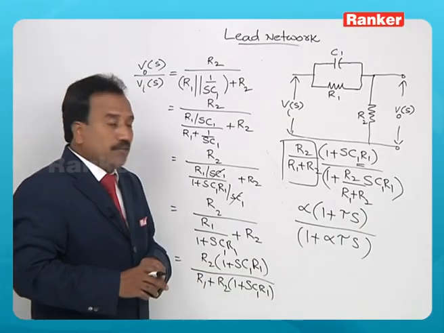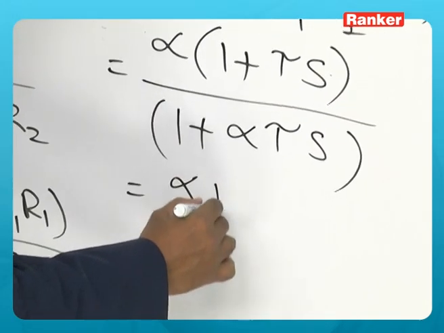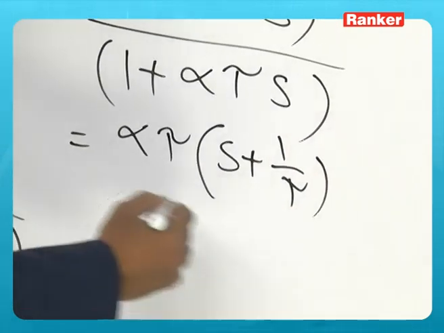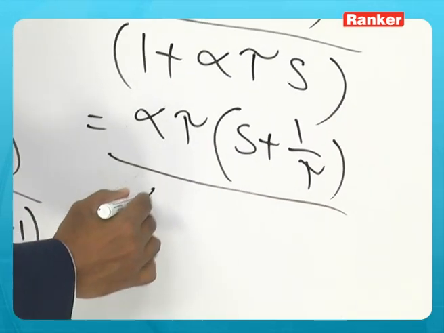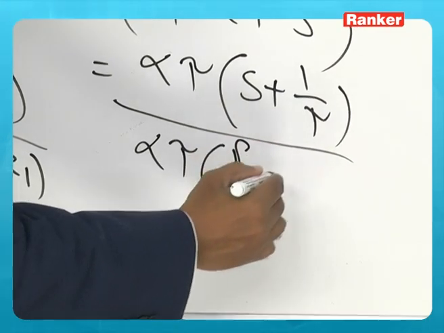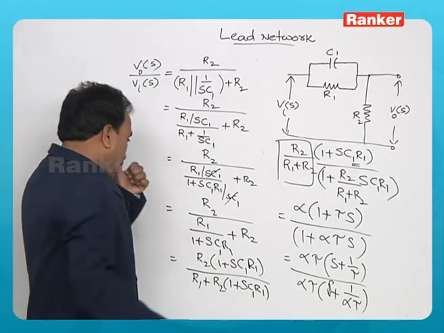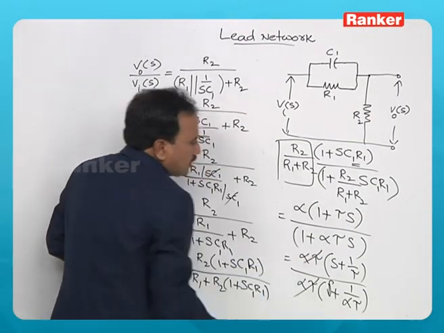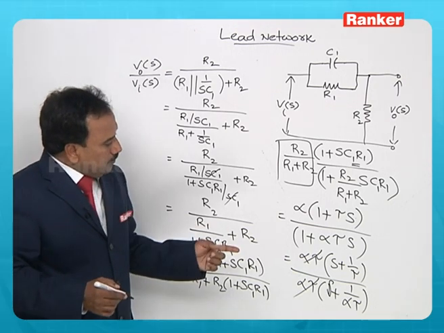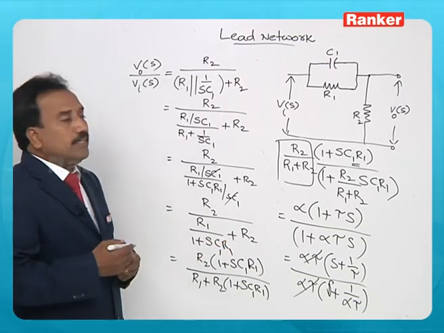Further simplification of this: alpha, take tau out, s plus 1 by tau, divided by, take alpha tau out, s plus 1 by alpha tau. That means alpha tau and alpha tau get cancelled. You can see now the zero and pole are created by this lead network.